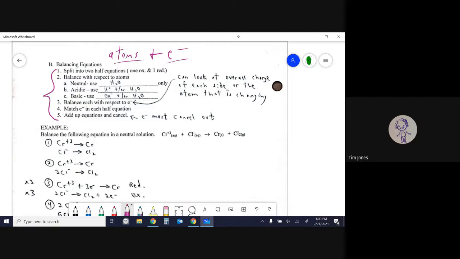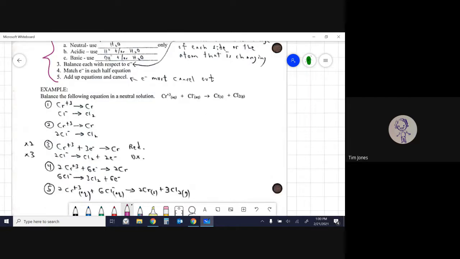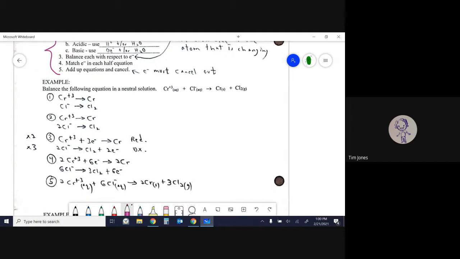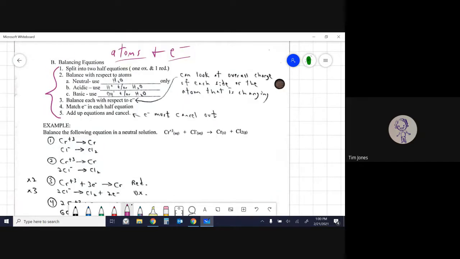But I do encourage you to start doing all 5 steps and actually label them like I have here. You'll see in this first problem, I actually labeled 1, 2, 3, 4, 5. Do that until you feel comfortable, which will probably be anywhere from 5 to 10 examples to go through, and then you'll get to the point where you don't need to do every single step. Well, let's go through them.